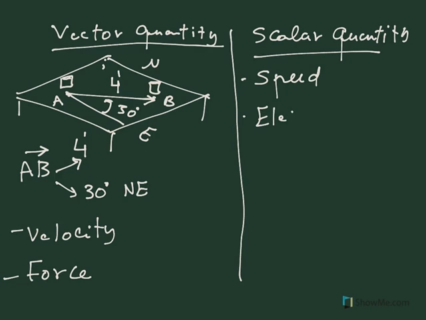Elevation, length. So all of these are good examples of scalar quantity. Mass, temperature, and so on. So that's a summary of a comparison between vector quantity and scalar quantity.